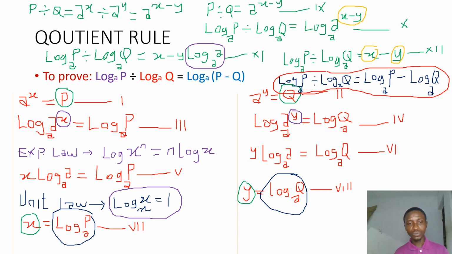Because if we should factorize this, then that will give us our final answer, and this is equation 13, and equation 13 is the final answer of our quotient rule.